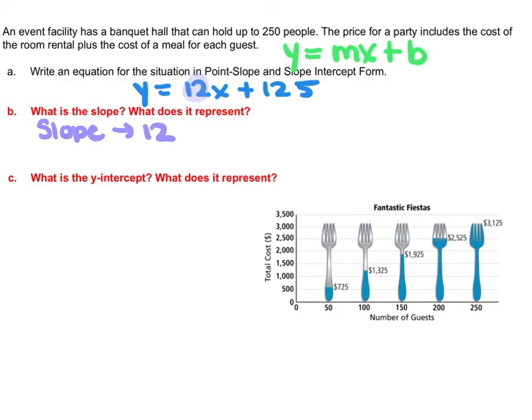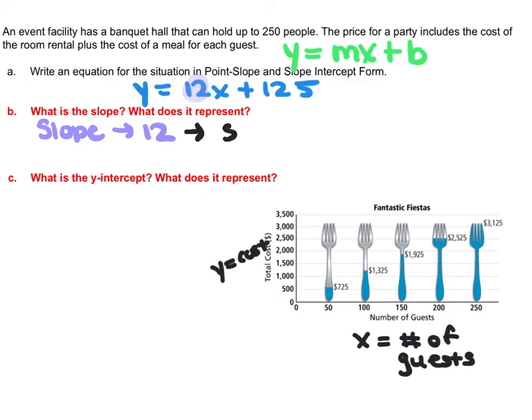Now in this case, we know that x represents the number of guests, and y represents the cost. So based on this and knowing that it's 12, we can conclude that the slope means that it's $12 per guest.